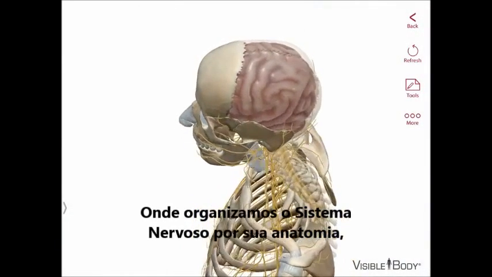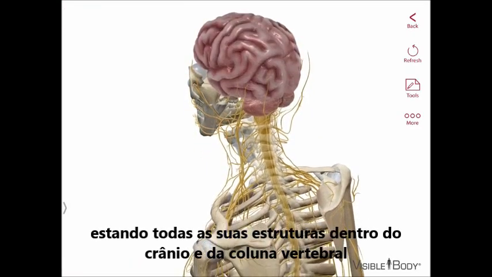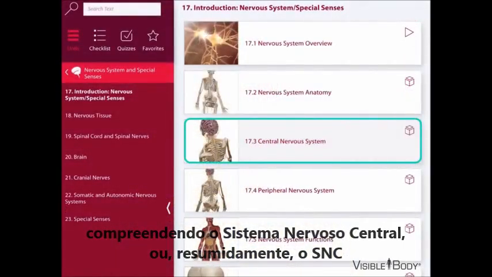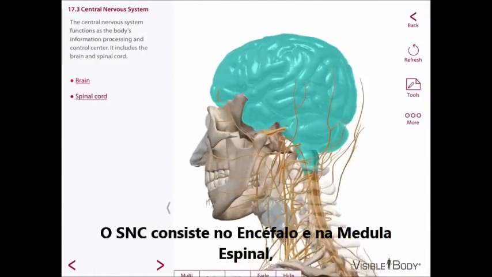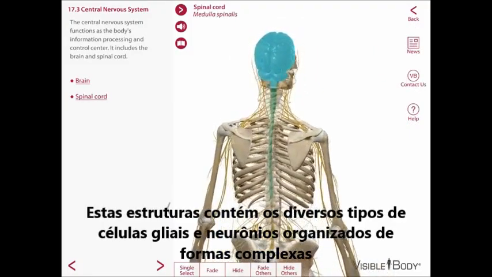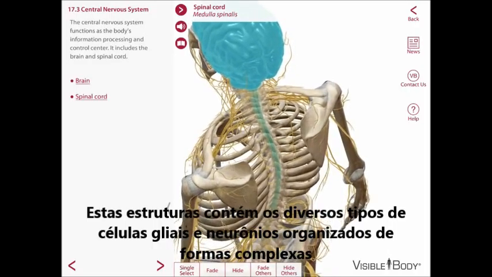One way to organize the nervous system is by anatomy. All of the structures found within the skull and the vertebral column comprise the central nervous system, or CNS for short. The CNS consists of the brain and the spinal cord. These two structures contain many kinds of glial cells and neurons organized in complex ways.